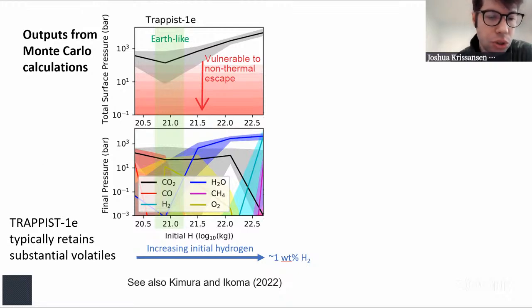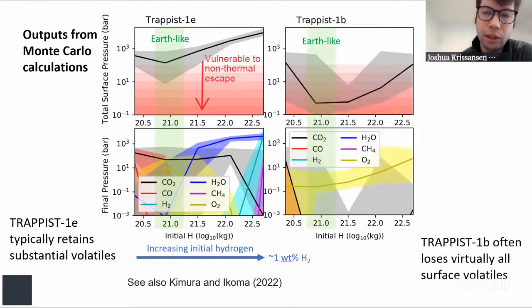So this result is very different to what you get for TRAPPIST-1b, where, due to the high bolometric and XUV luminosity, for that same range of initial hydrogen inventories, you potentially do get left with a final surface volatile inventory that is susceptible to total erosion through non-thermal processes. So you're most likely to be left behind with a thin oxygen atmosphere in these cases.